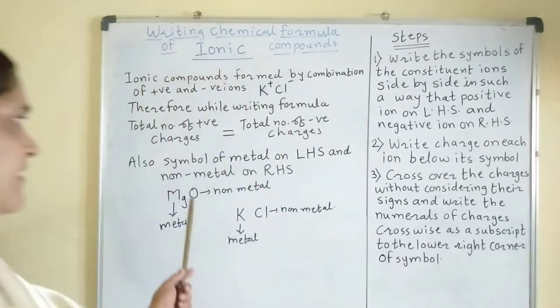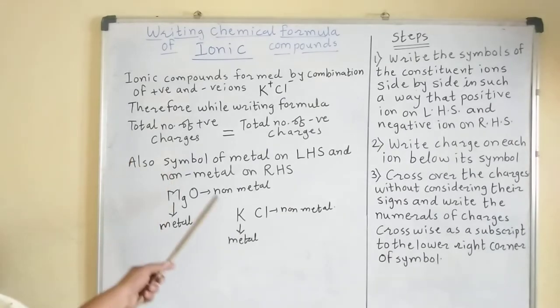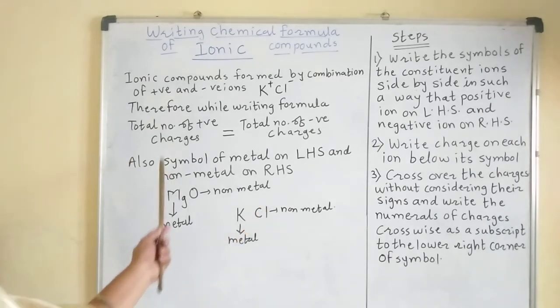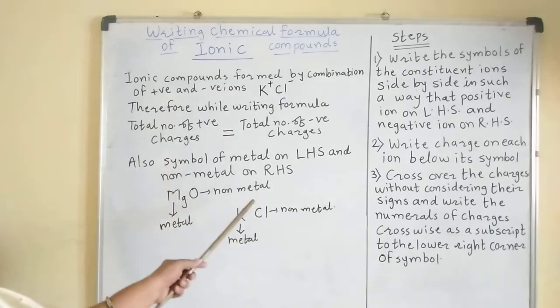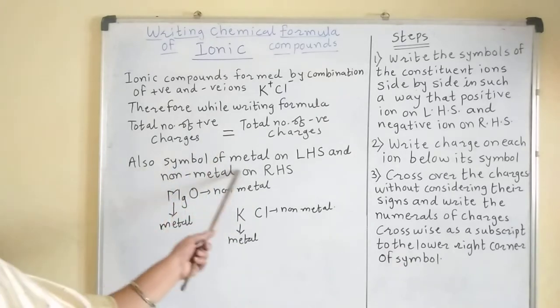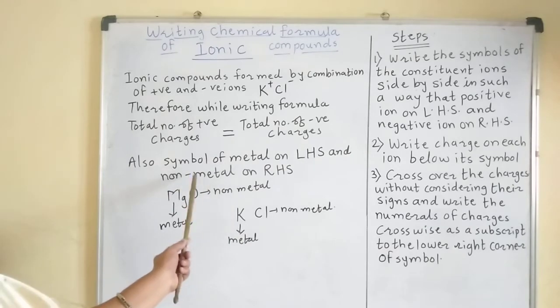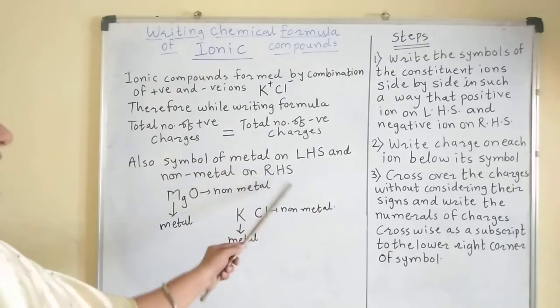Now the second thing: when you are writing the symbols of the metal ion forming a positive ion and the non-metal ion forming a negative ion, the symbol of the metal should always be written on the left hand side and the non-metal on the right hand side.